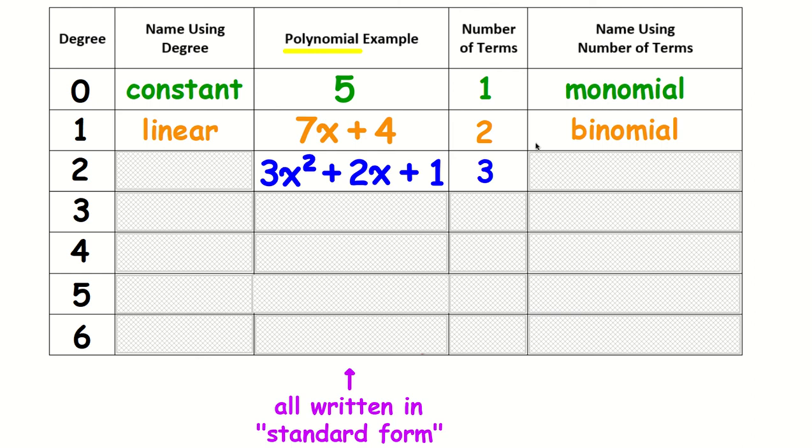Now, this one has 3 terms, right? 3 terms. So what do you think? 2 wheels make a bicycle. 3 wheels make a what? Cycle. So like a trident or a tricycle, 3. So 3 terms, trinomial. Now the overall degree is 2, because look at that power. And we call that quadratic. Now we're getting into some words you maybe have never heard in your life with this quadratic.